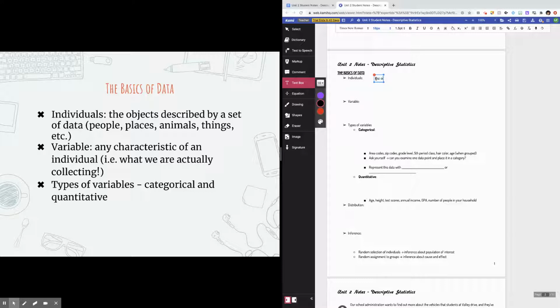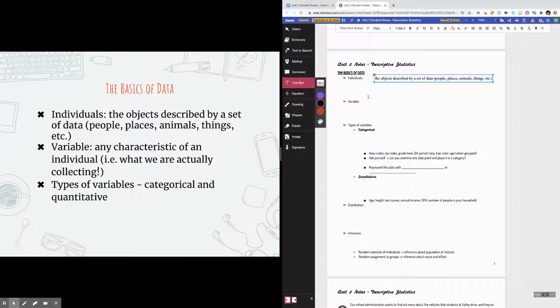Individuals are the objects described by a set of data, meaning the whole person, a place, an animal, a thing, etc. So people, places, animals, things, etc.